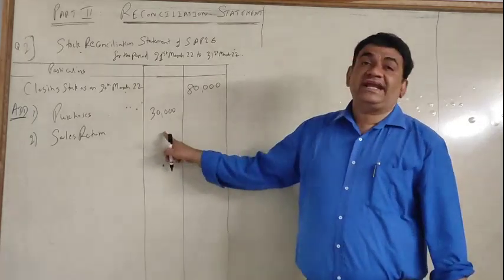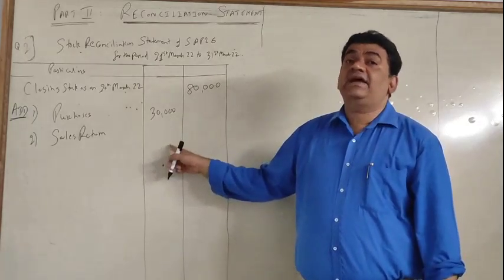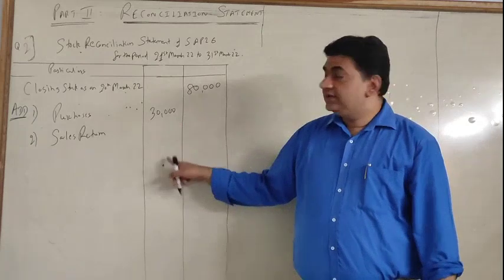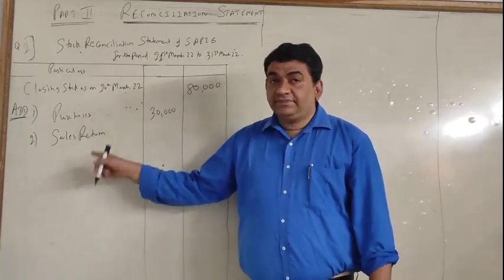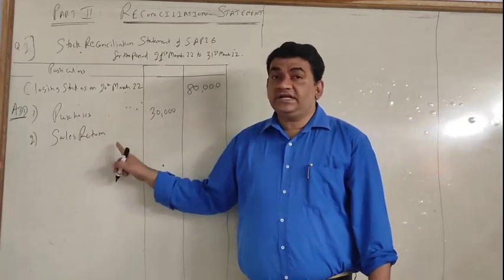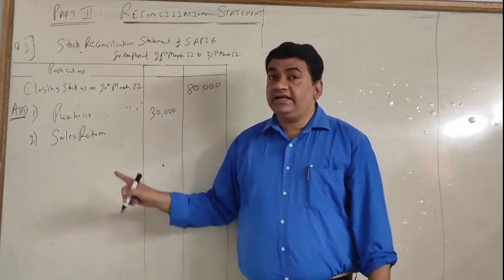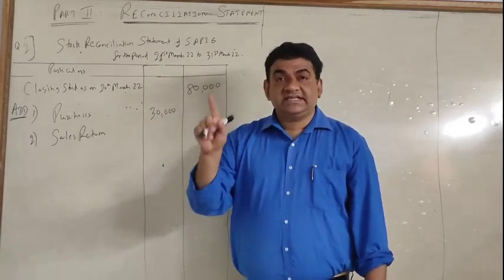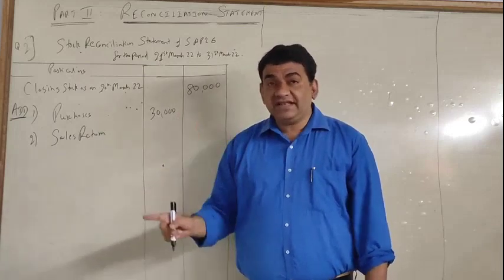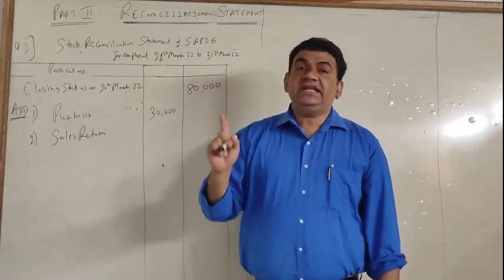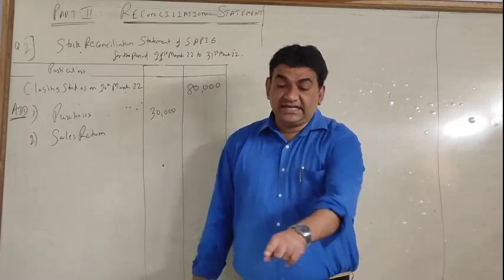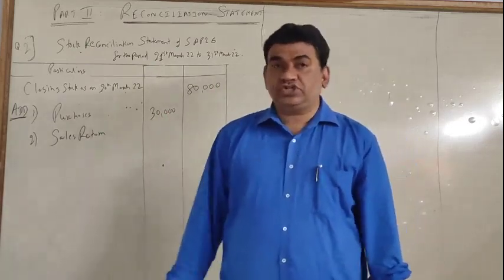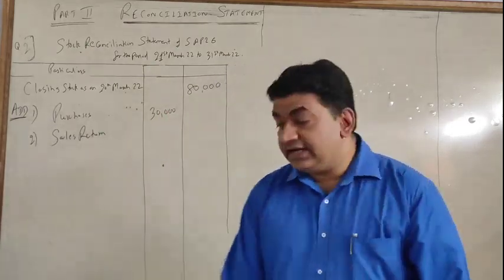So I cannot write 7,500. I'll have to deduct the profit. In the previous sum, I straight away deducted the percentage from 7,500 because it was a percentage on sales. 7,500 is my sale price and the percentage was also on sale price. But here, see, the percentage is on cost. So I cannot deduct directly.